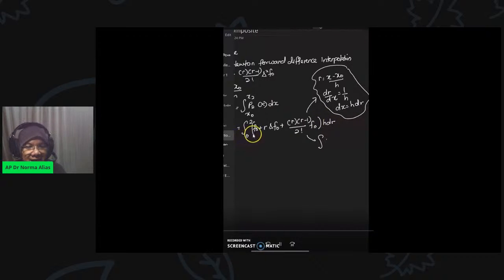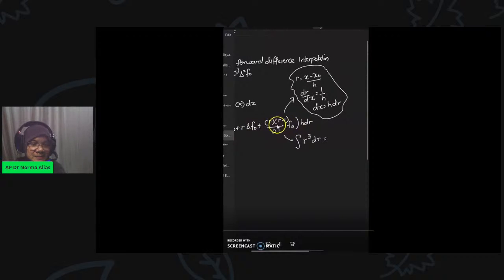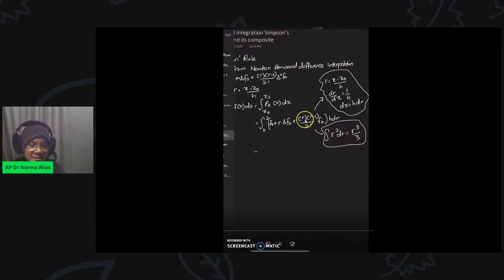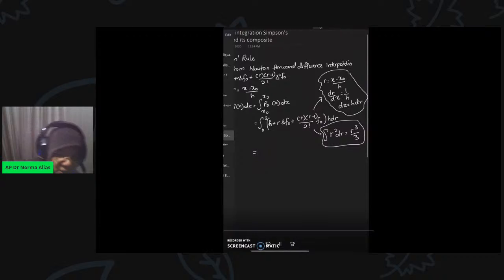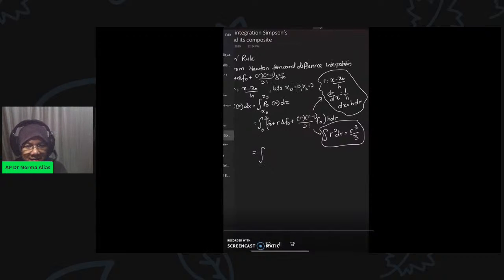Okay, so now we get h, we put it outside. The integral of f0 with respect to r is r f0. R power 2 here: if you want to integrate r power 2 dr, you will get r power 3 divided by 3. All right, so this is a common basic integral that you learned before from calculus.